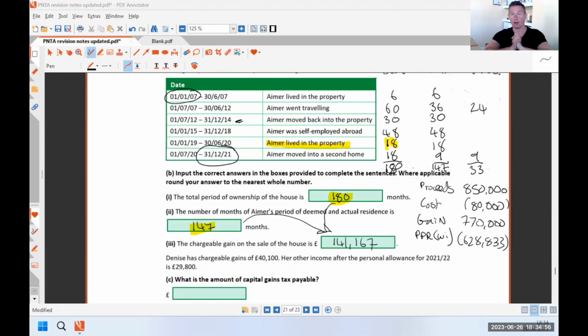Not employed outside the UK. Anyone? What are we saying for employed within the UK? Right, we've got a 50-50 split between 4 and 3.